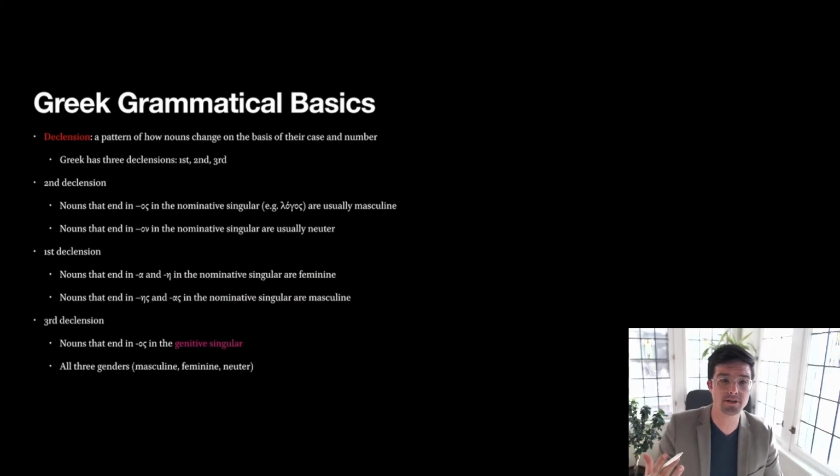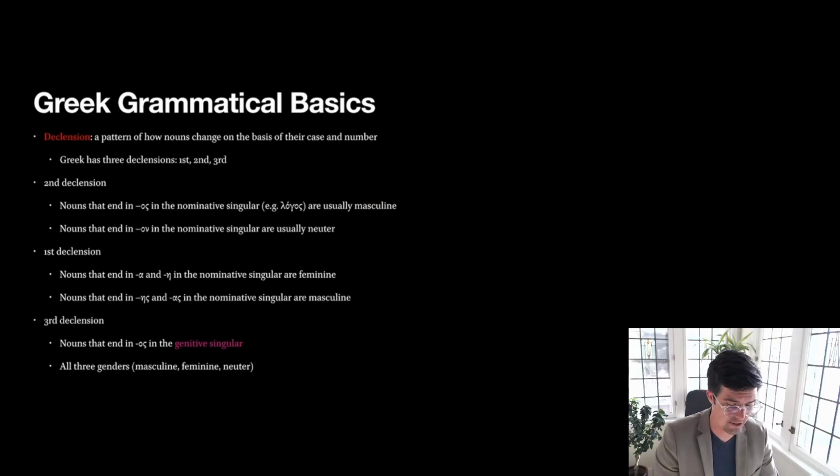With the third declension, we have a group of nouns that are going to end in omicron sigma, like up here, and we'll note this confusion in another slide in just a moment, in the genitive singular. And we'll talk about why I say the genitive singular rather than giving you the nominative singular as I have in all of these cases in just a moment.